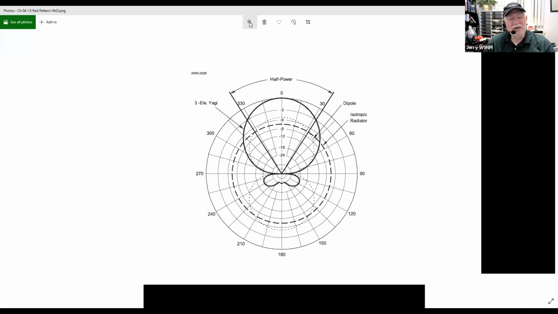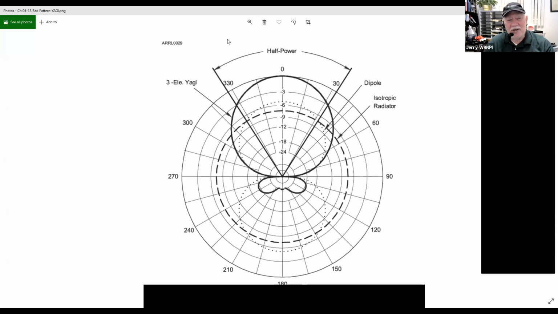If you use any kind of a beam antenna that's horizontally polarized, for 2 meters or thereabouts, you can probably get about 8 or 9 decibels gain. You put that against 18 decibels loss, and there you go.